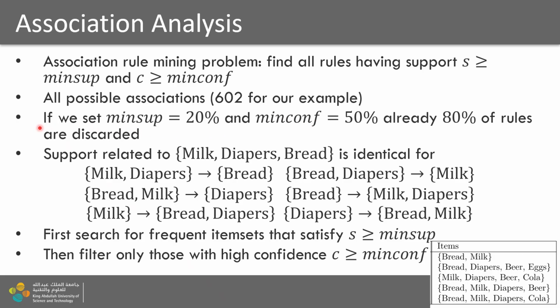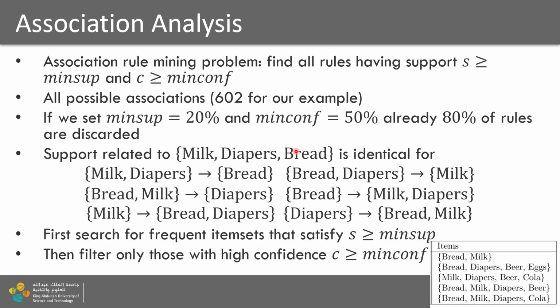For example, if we consider the item set of milk, diapers, and bread, the rules associated with these three variables, either that milk implies diapers and bread and so on, all have identical support, because the support is simply calculated from the frequency of the item set in the entire set of transactions.